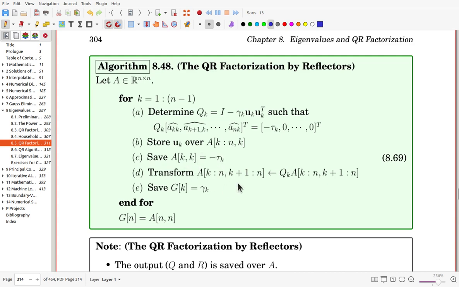Now this portion is the transformation for the remainder part of the matrix, and we finally save gamma k to a separate array. And the last bottom right corner value can be saved into the last spot. If the matrix is non-singular, then usually it's non-zero. However, if the matrix is singular, then this value is 0.